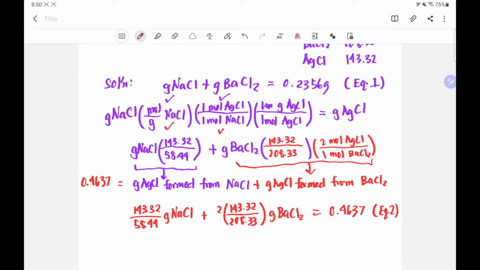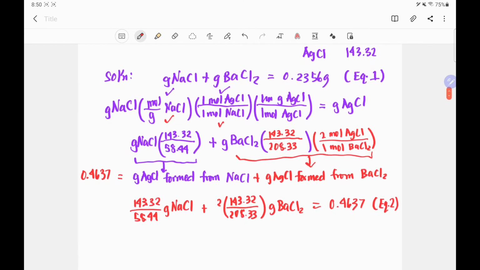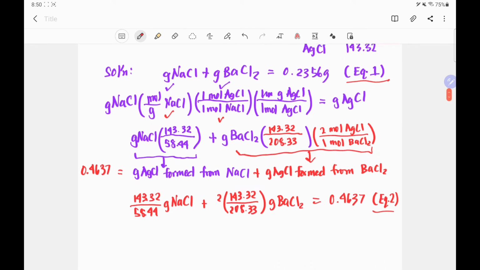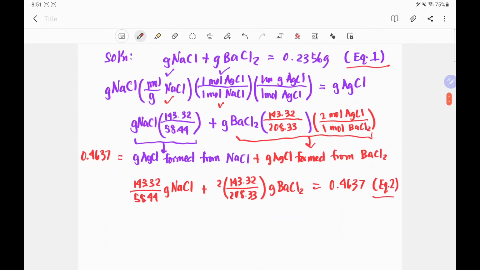Now that we have a system of equations in 2 variables, again that's equation 1 and equation 2, we can now calculate for the values of these variables. You can do whatever you want. You can do substitution or elimination. I'm going to use a calculator to make it quick. So I'm going to do a matrix representation.